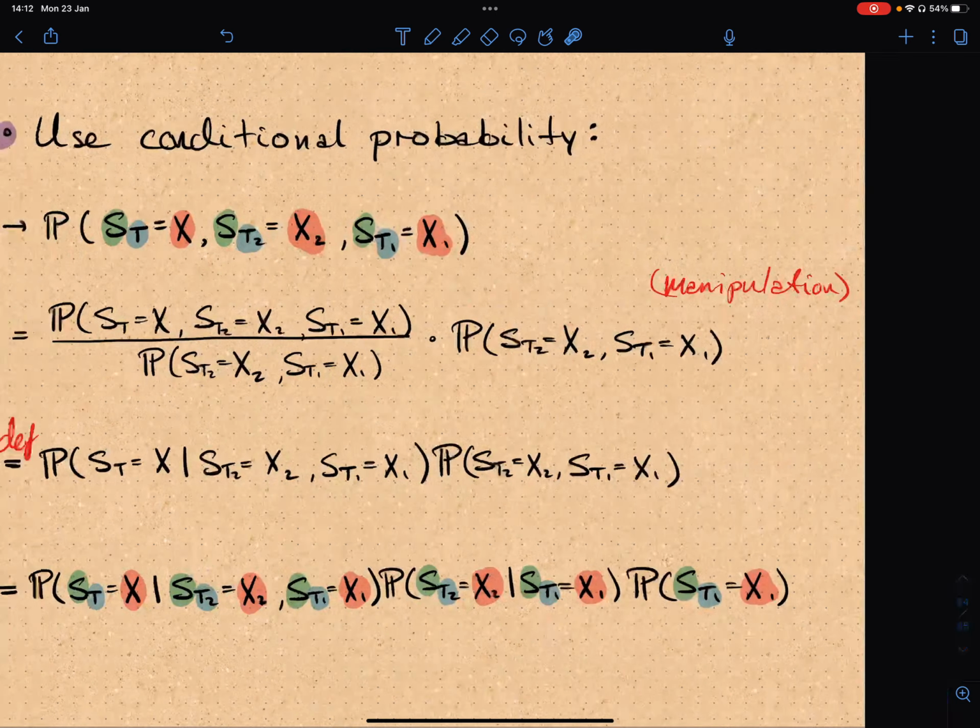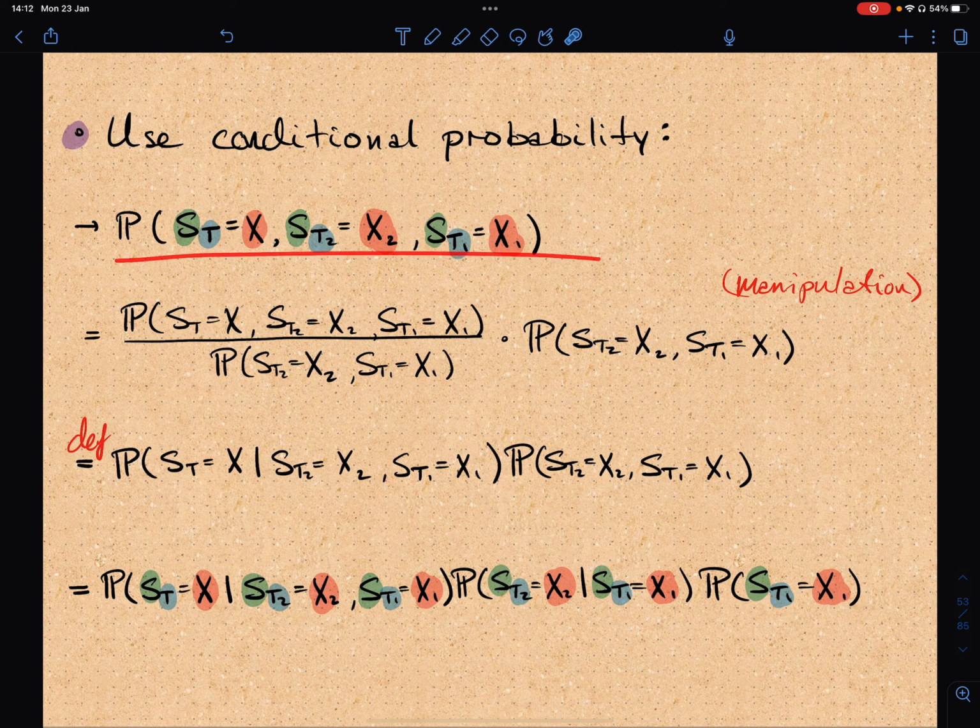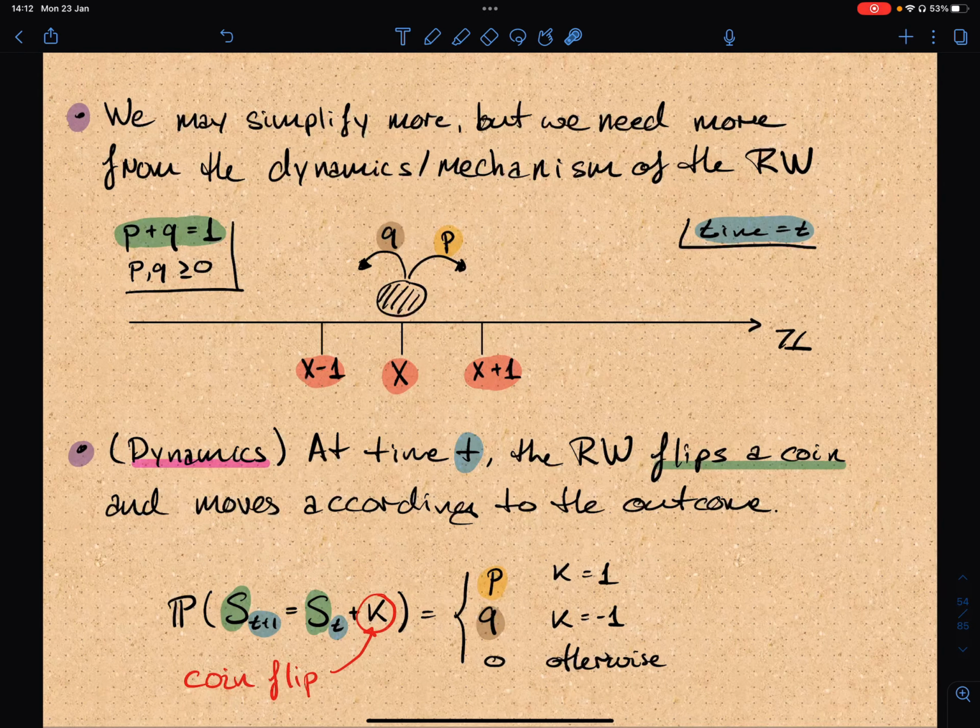That's why up to now, this equation and this equation are equivalent. Because we really don't have any knowledge of the dynamics, we need to understand the dynamics more to simplify this. I purposely left that out until now so that we can think about it more carefully through the lens of conditional probability.